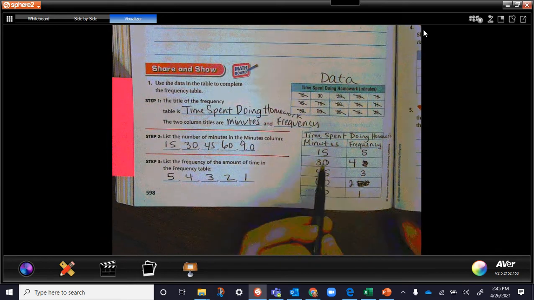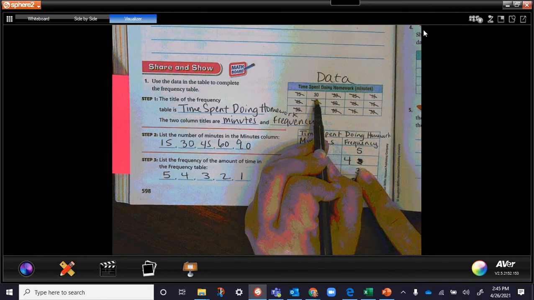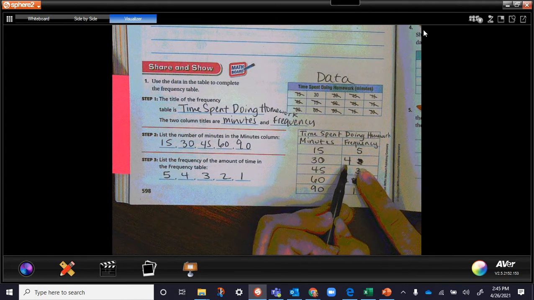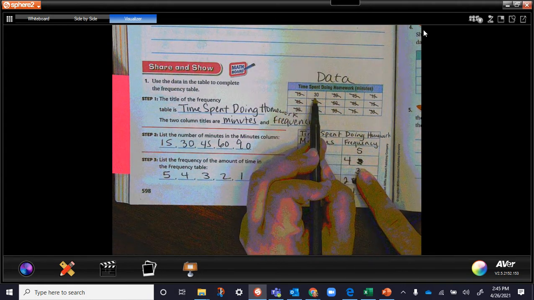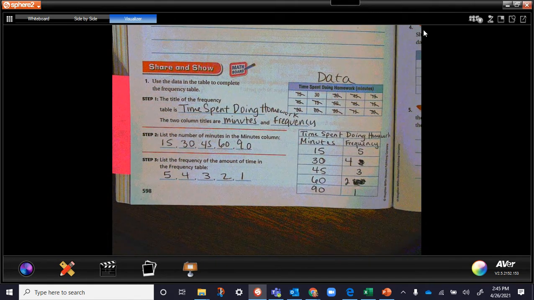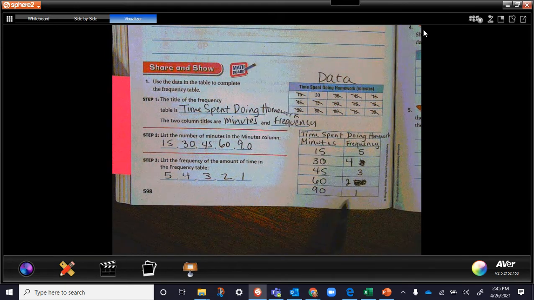When I got to the end, for 30 I put 3. But then I noticed I still had one left. This is why I like to cross them out, because I miscounted, caught myself, and was able to fix it because I was crossing them off as I go. Make sure you have some kind of organizational way of doing things so that everything in your table gets down to here.